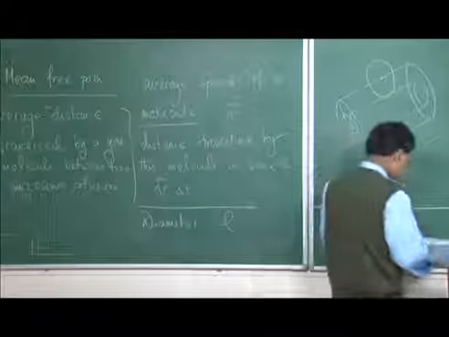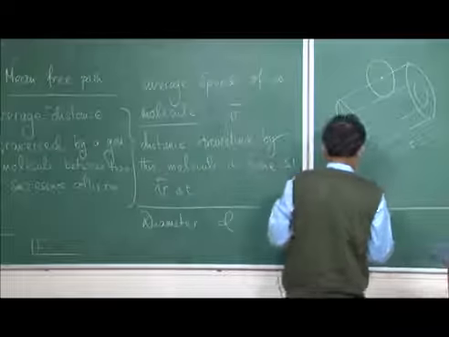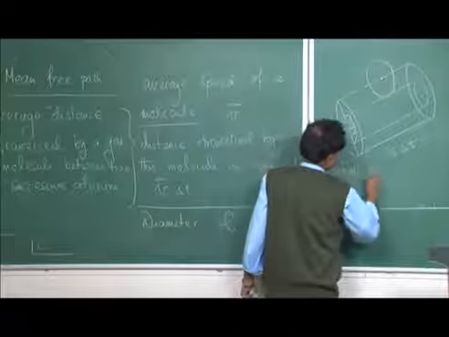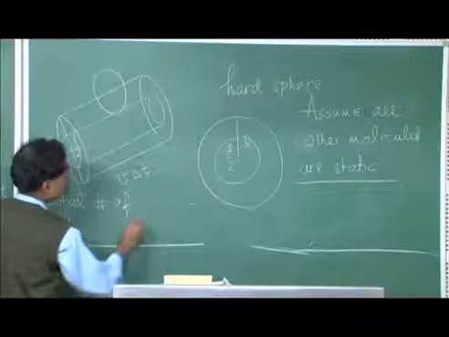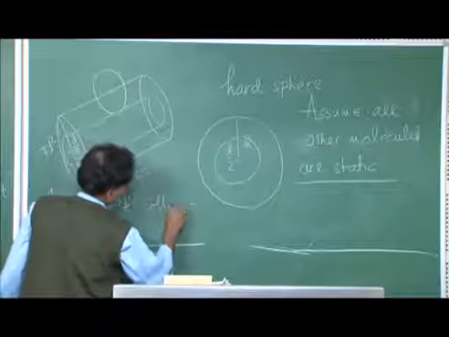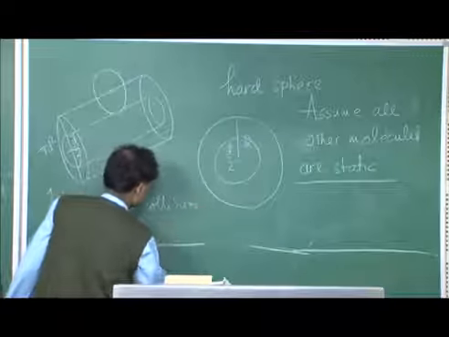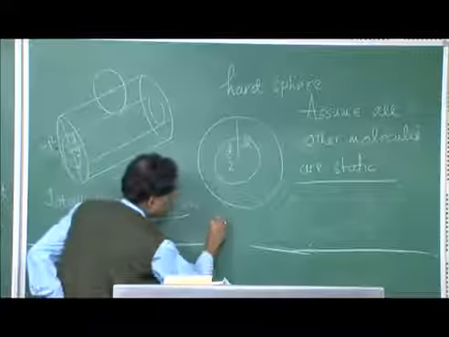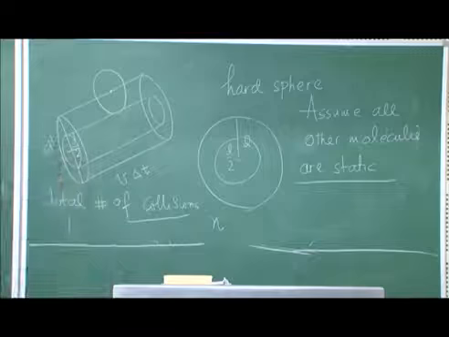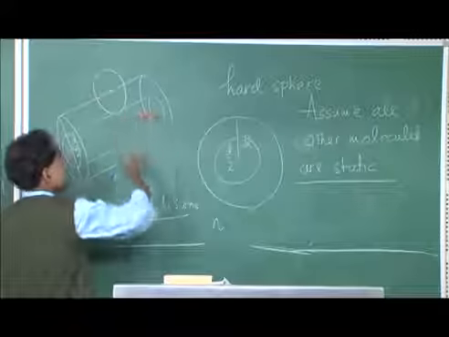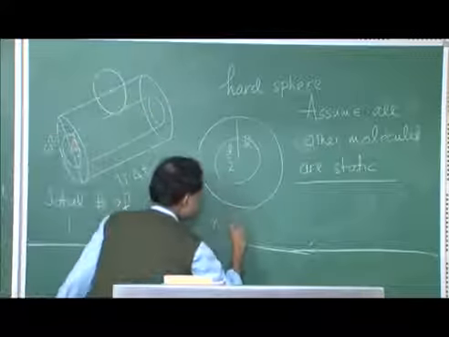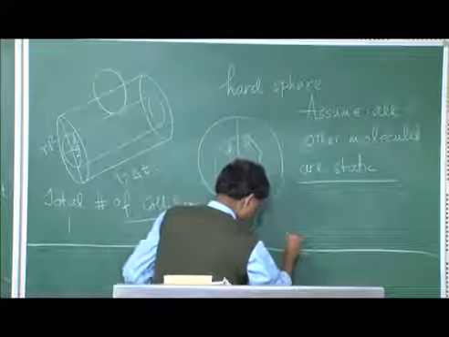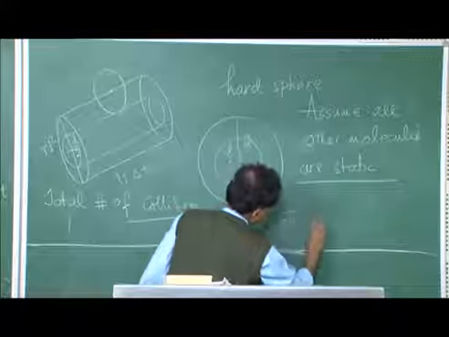So, how do we know the number of collisions? In that case I can easily calculate the total number of collisions. If I assume n is the number density, this is the cylinder area, pi d square, V average delta t.